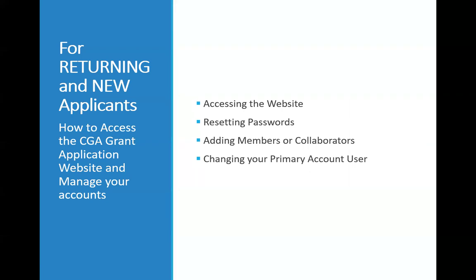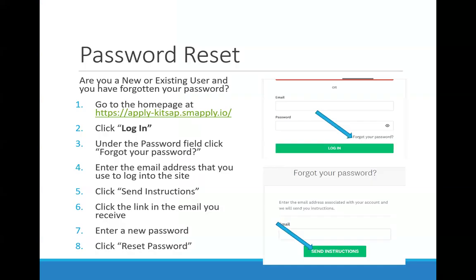For returning users and for new applicants, we'll discuss how to access the site, reset passwords, adding members or collaborators, and changing your primary account user. So password reset. If you're a new user or an existing user that does not recall your password, you can go to the login link on the website and choose the forgot your password field.